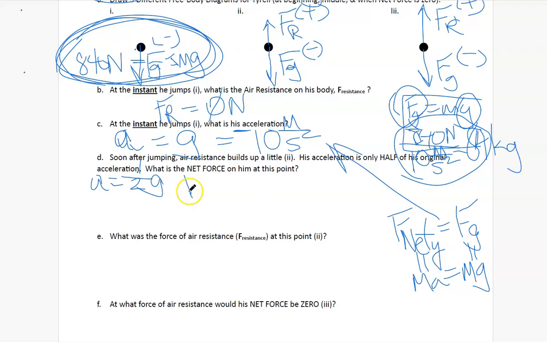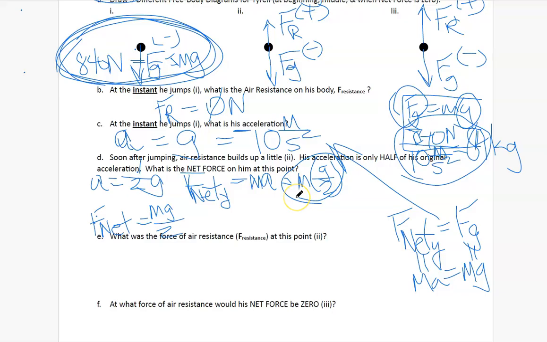You know that net force, as always, in the y direction, equals m times a. But a is equal to g divided by 2, or 1/2 of g. So therefore, his net force must be equal to m times g divided by 2.